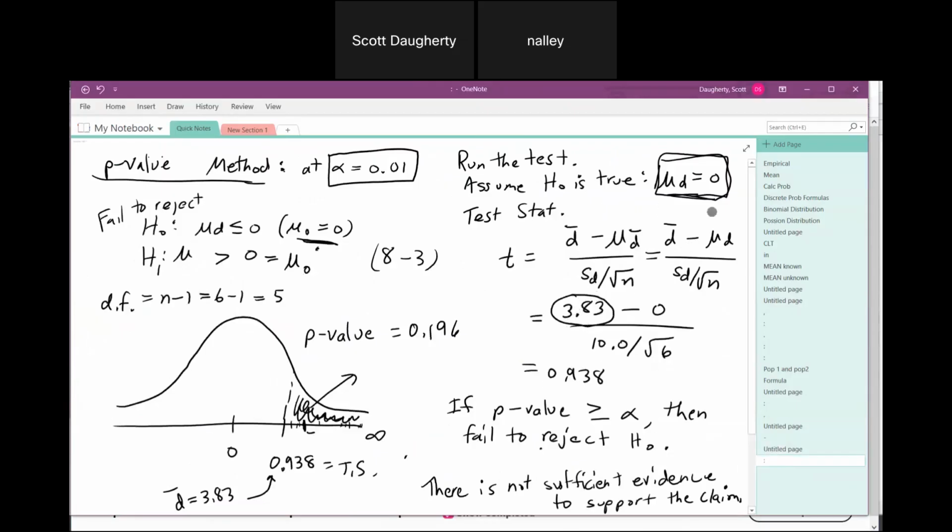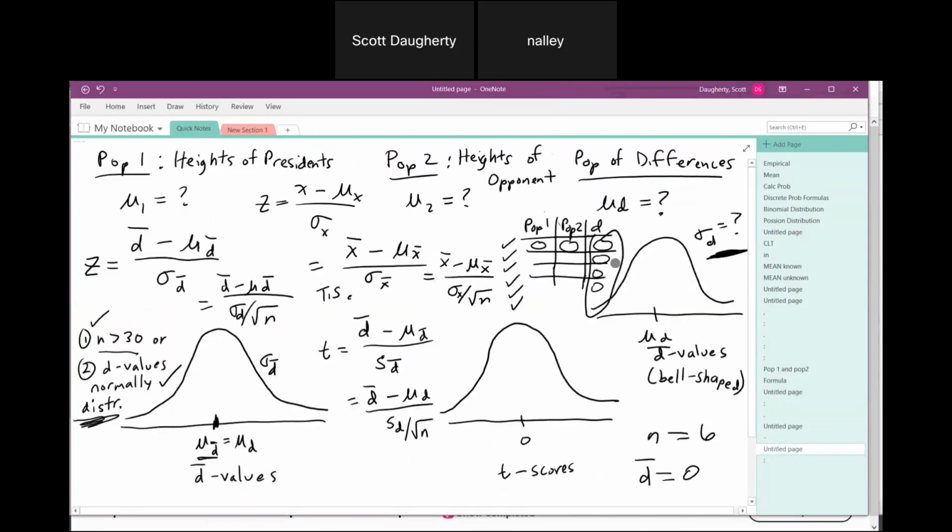So if someone asks you what your best guess is as to what this number is, going back to mu sub d, if someone says, hey, what do you think all these d's average to as a single number, a point estimate, you would say d bar, the sample mean, 3.83. So that's your best point estimate.